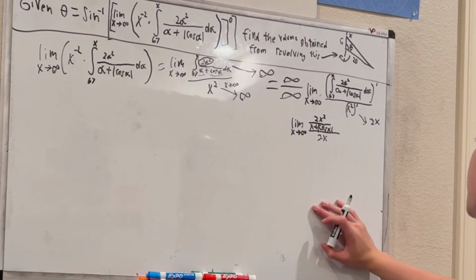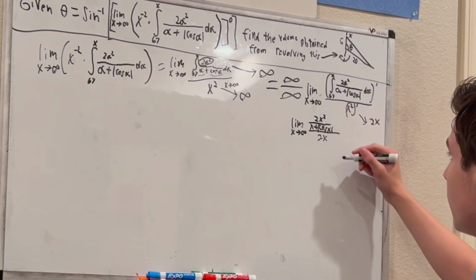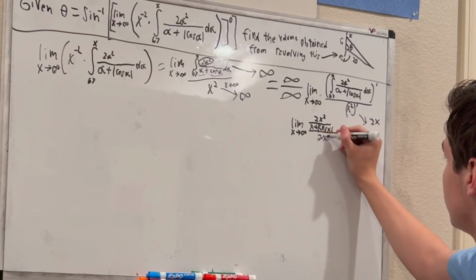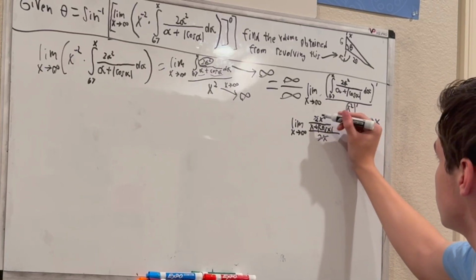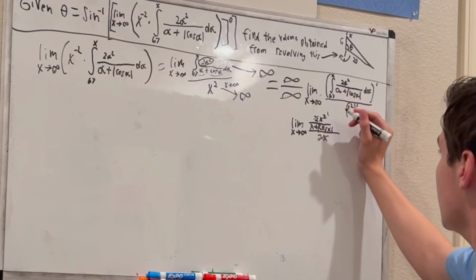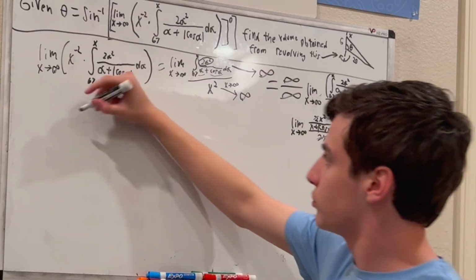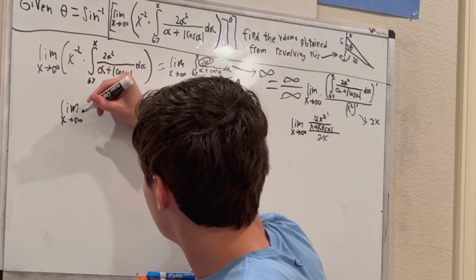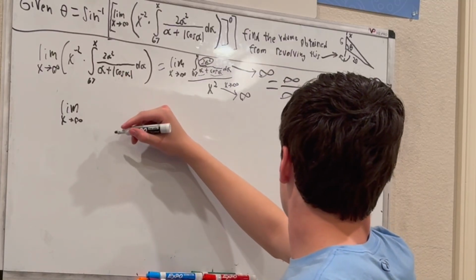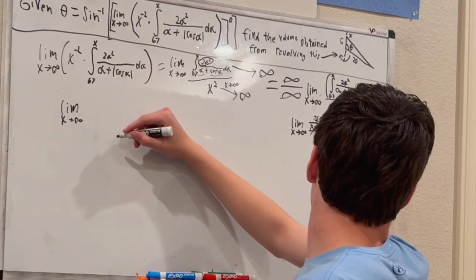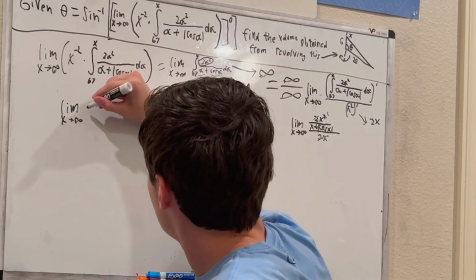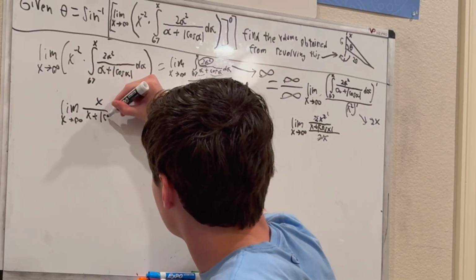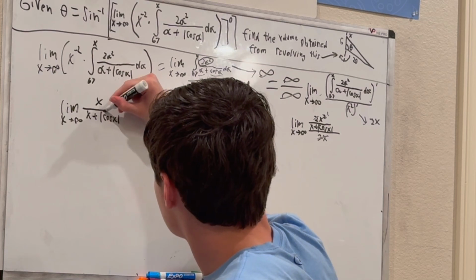Anyway, what we can do next is you can immediately see we have some really cancelable stuff. We could cancel the 2x and the 2x, and we get this new limit, which I'll bring over here, as x tends towards infinity of x over x plus the absolute value of cosine x.